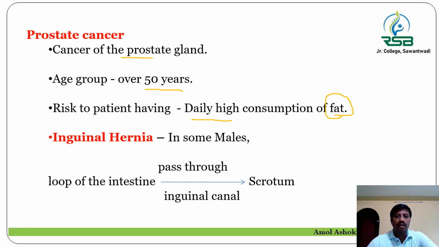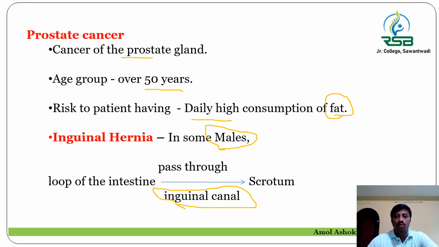So how does prostate cancer develop? In case of male, the part of intestine, that is the loop of intestine, passes through the inguinal canal which is present in the testis.